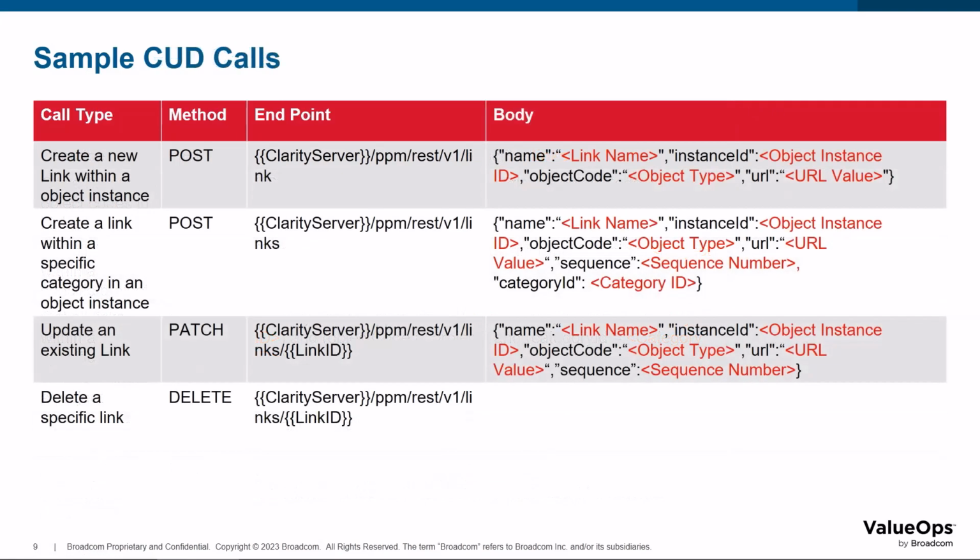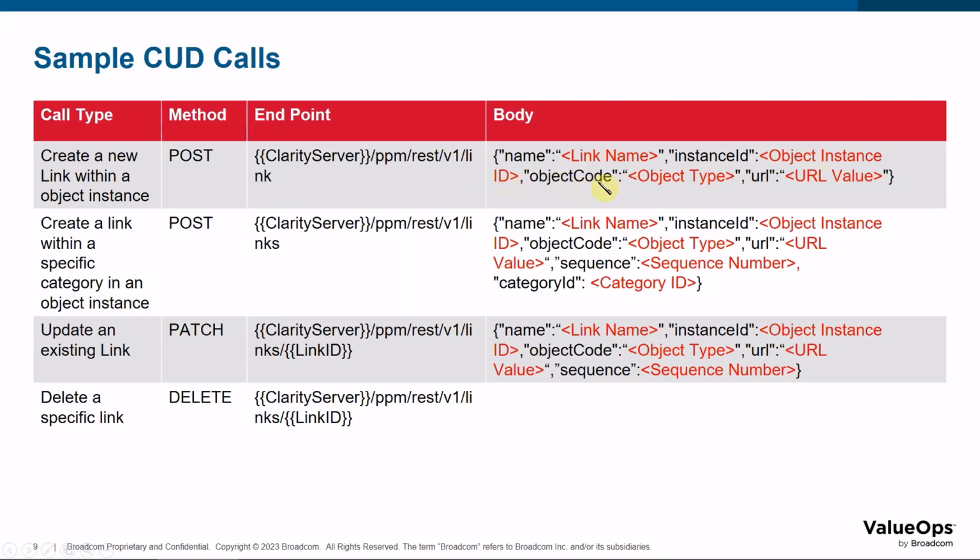To do some create, update, and delete calls, here are some examples. If you wanted to create a new link inside of your specific object, then you would have to specify a post call to the link endpoint, and you would then essentially give the name of your URL, the instance ID, which is the 5 million number of your parent where you're creating that specific link.